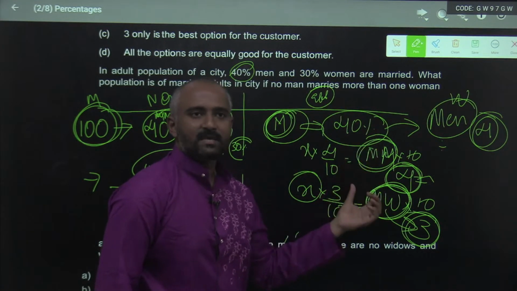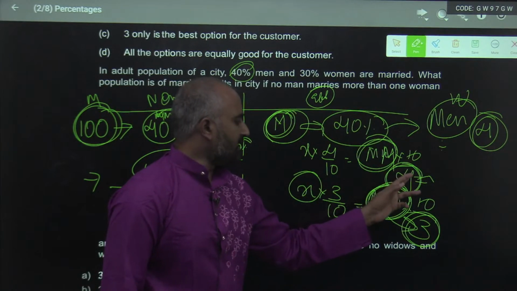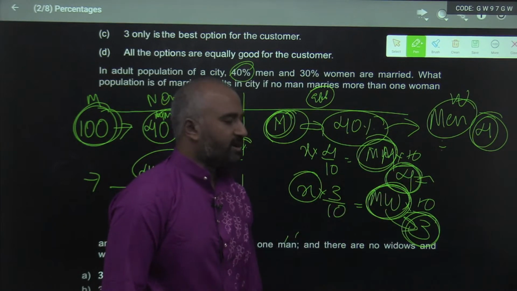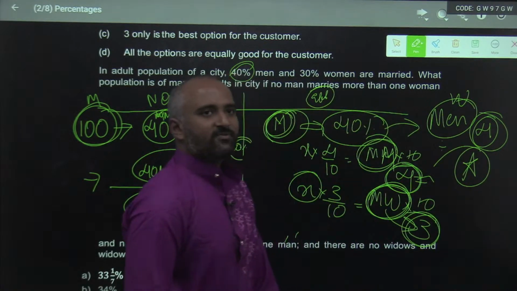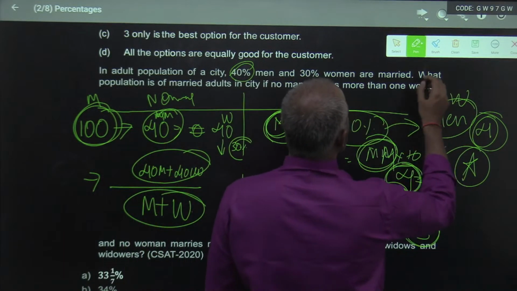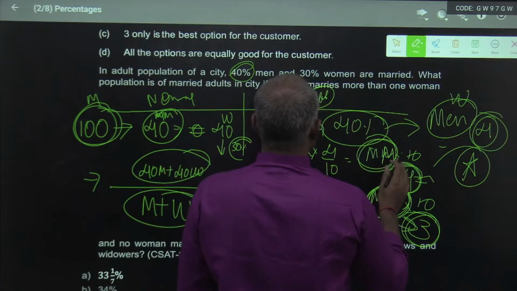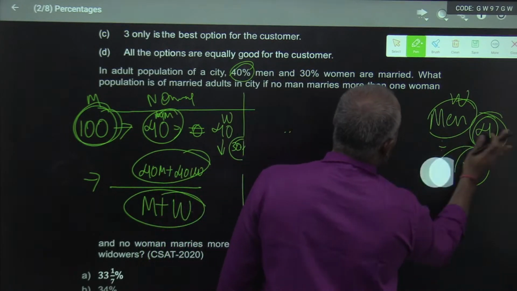So you should take a value for married couples which is a multiple of 4 and 3. I hope this observation is okay. You will always follow this observation. Now once you know this, you see how easy it becomes.